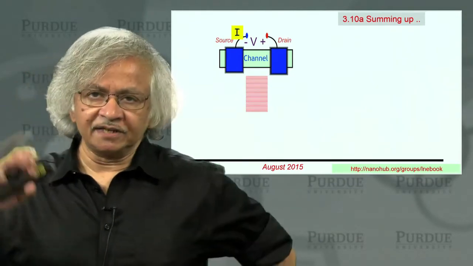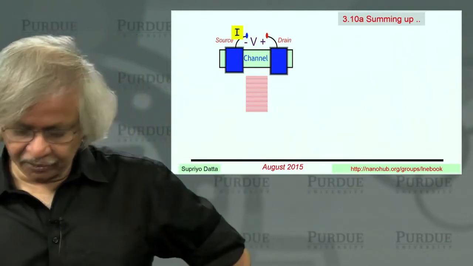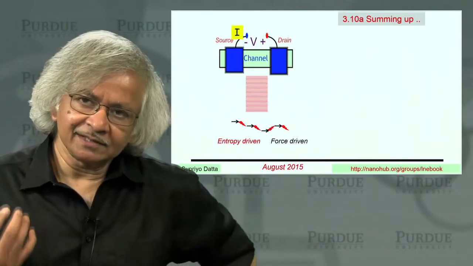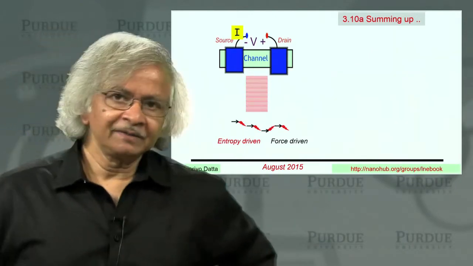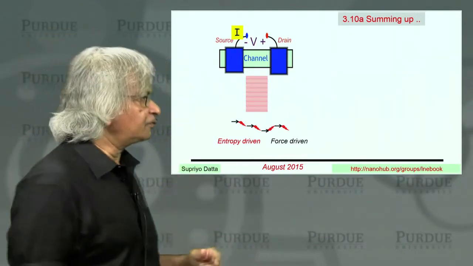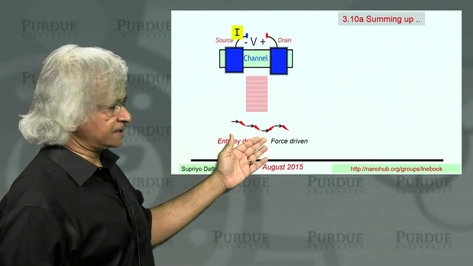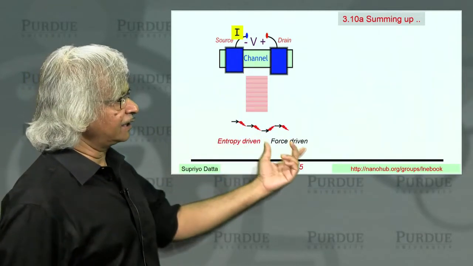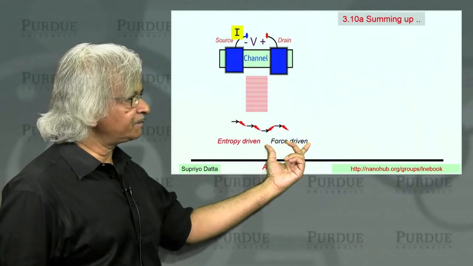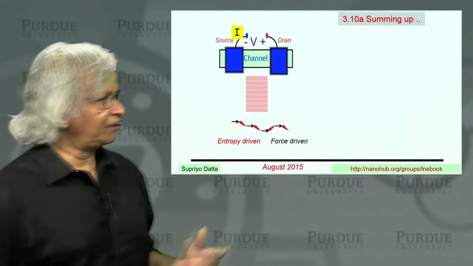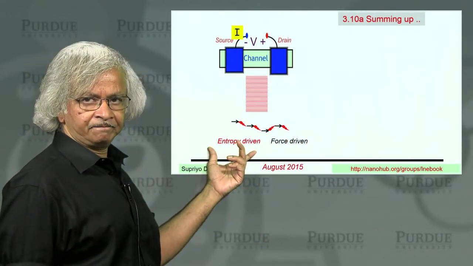And one of the points I've stressed, especially in part A of this course, is that what makes transport difficult is this mixing of two very different types of processes. What you might call the mechanical ones, which are driven by force, and the thermodynamic ones, which are driven by entropy.